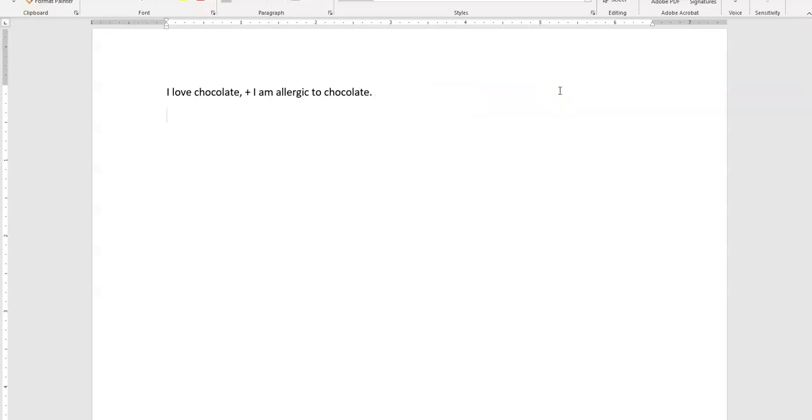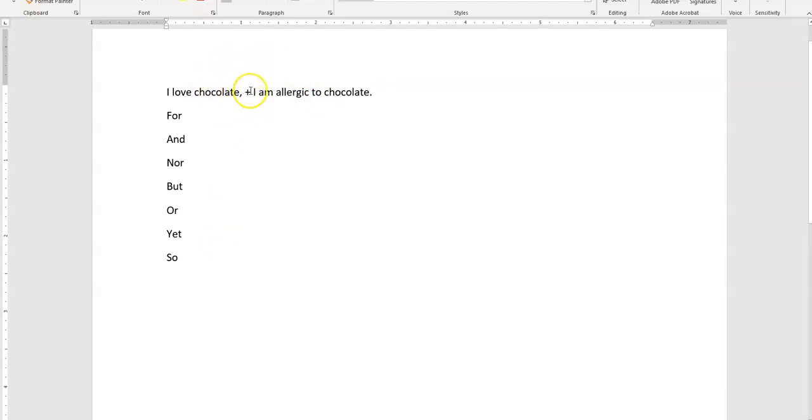We call them FANBOYS. These are the connectors that connect these: for, and, nor, but, or, yet, and so. Those are the connectors that can connect two simple sentences.